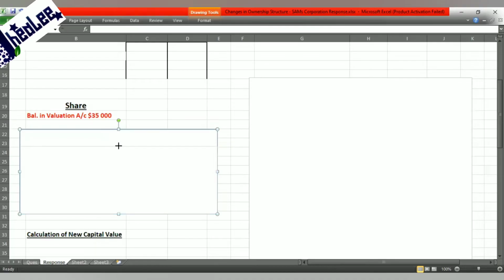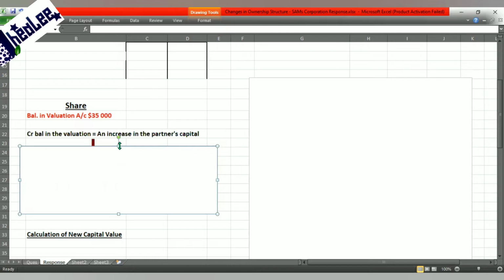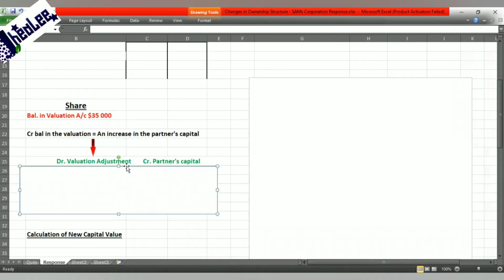If there's a credit balance in the valuation adjustment account, that causes an increase in the partner's capital. So therefore, you are going to debit your valuation adjustment account and credit your partner's capital because that's an increase.